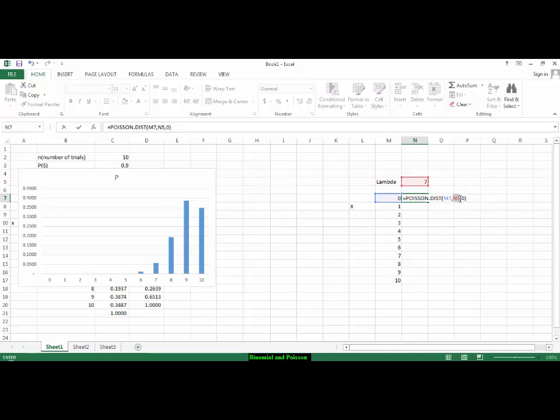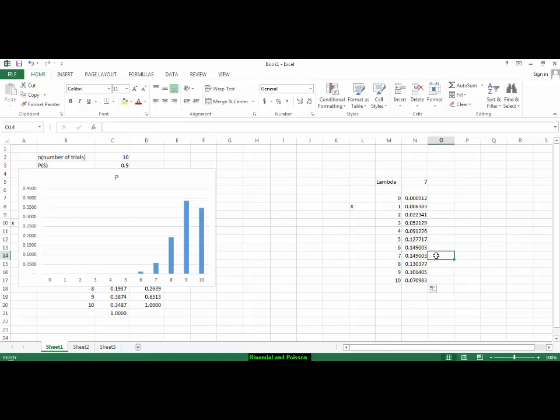Here I'm going to freeze only the mean. Okay? And I'll drag it to here. So again, this for example shows the probability of x being equal to 7. This is the probability, and so on.